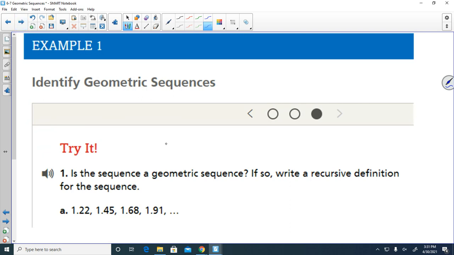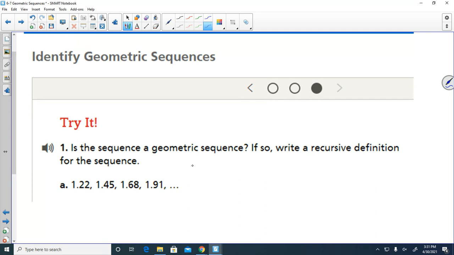First, let's just figure out if we have geometric sequences or not. So in example 1, is the sequence a geometric sequence? If so, write a recursive definition for the sequence. To get from 1.22 to 1.45, what would I have to multiply by? If I can't figure that out in my head, I can divide 1.45 by 1.22 to get approximately 1.188524.